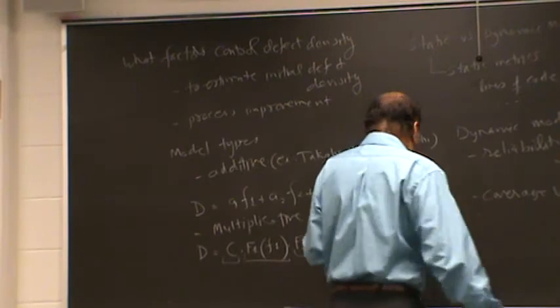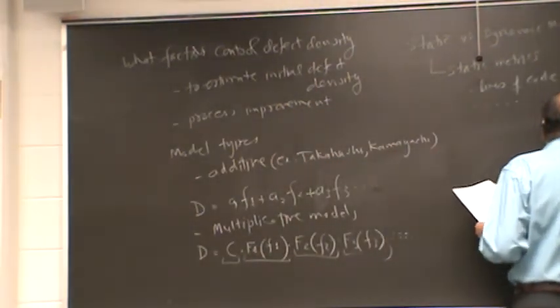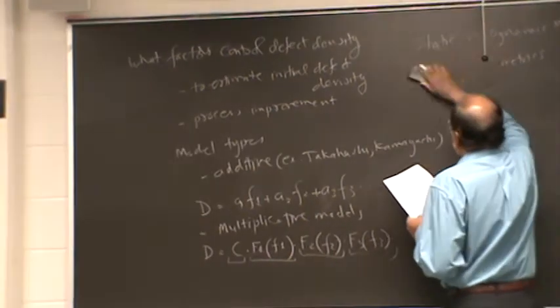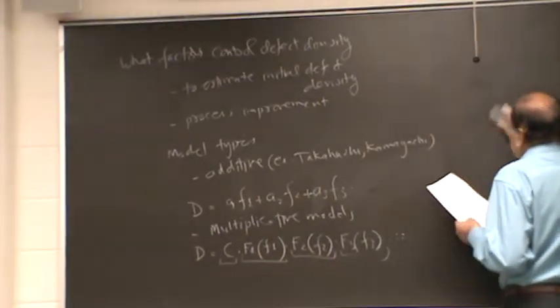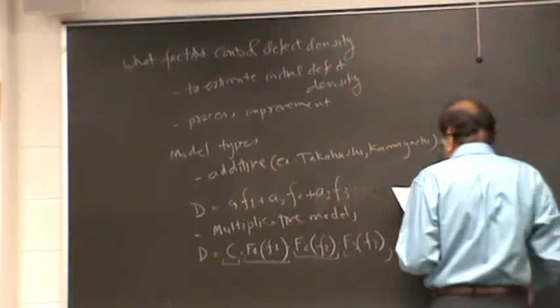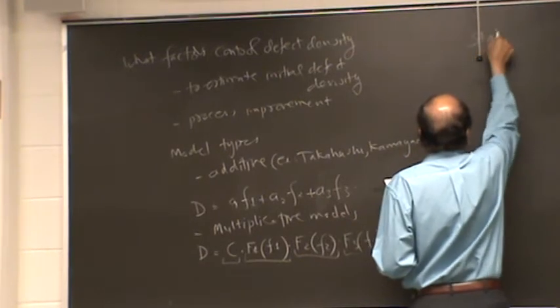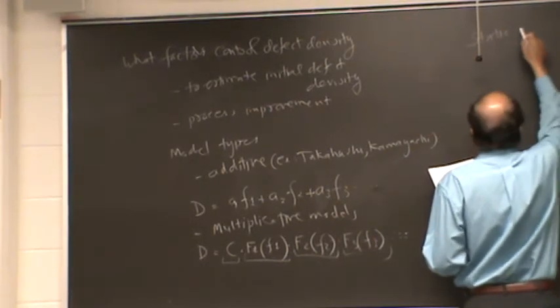Now let us take a look at a model, and this is the model that we came up with, and it is a multiplicative model. So here is a model. This is a static defect density model.